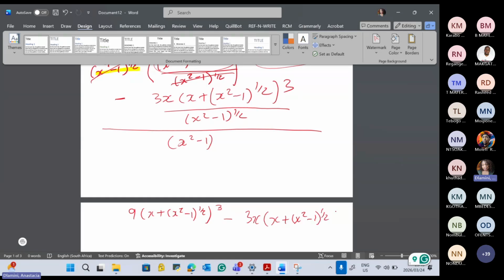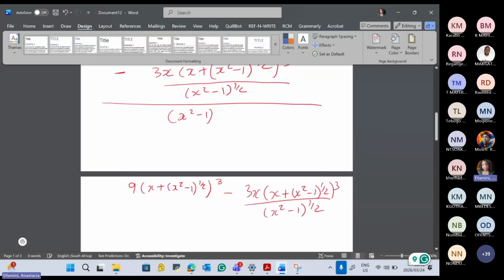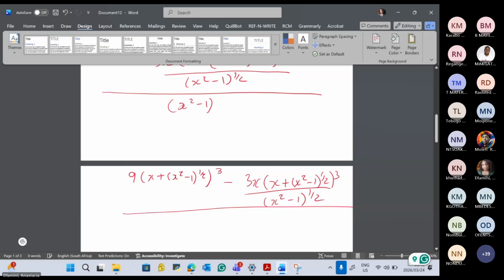Is it to the power of 3 as well? Yeah. Over (x squared minus 1) to the power of half. Yeah, this. And the quotient rule.